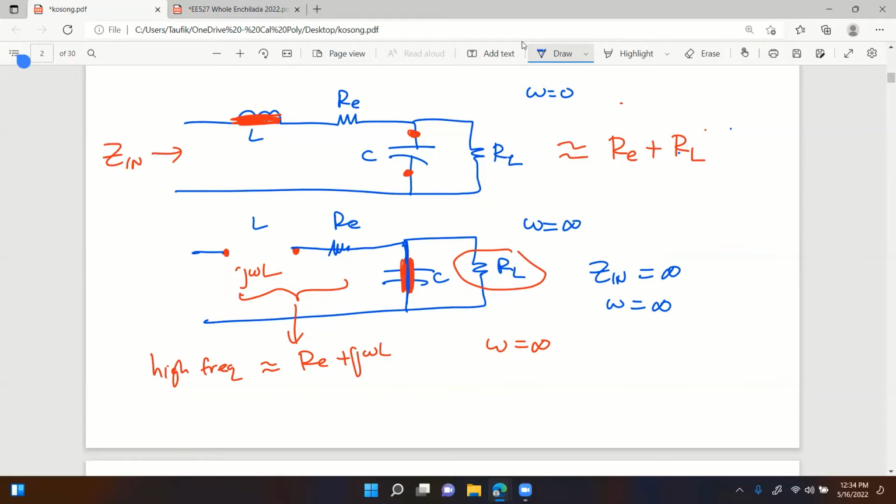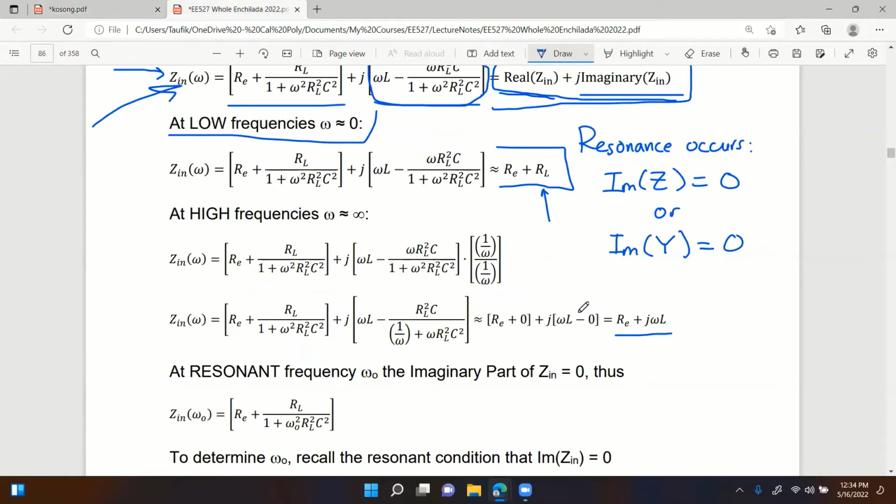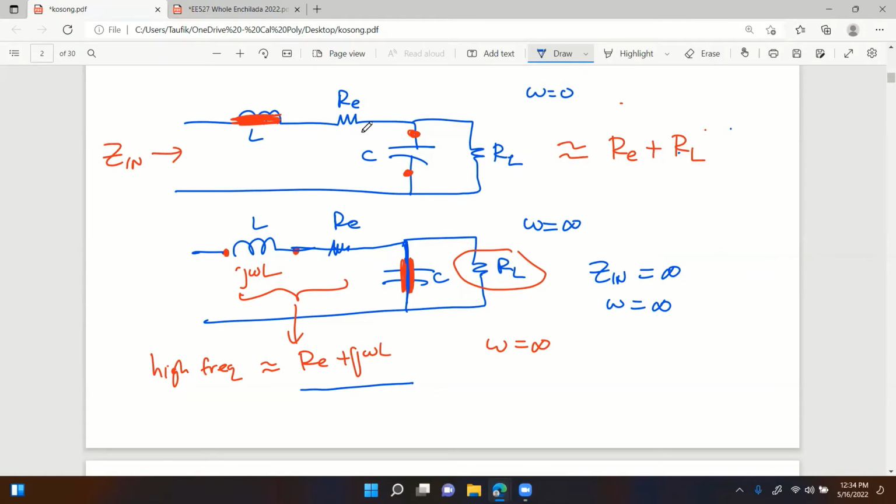But in the process of sweeping the frequency to higher frequencies, you can see that L and RE become more and more dominant. That's why at higher frequencies, the most dominant components would be RE and L, whereas at lower frequencies, the two most dominant components would be RE and RL. Okay. Does it make sense or no?